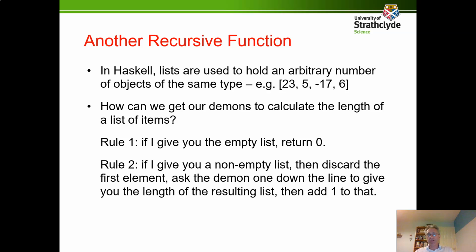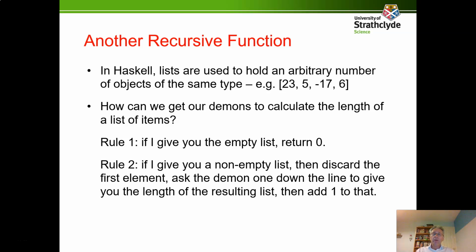Let's have another recursive function. In Haskell, lists are used, as you've seen, to hold an arbitrary number of objects of the same type. How can we get our daemons to calculate the length of a list? Well, we can write our rules like this. Hey daemons, here's your algorithm. If I give you the empty list, you return 0.